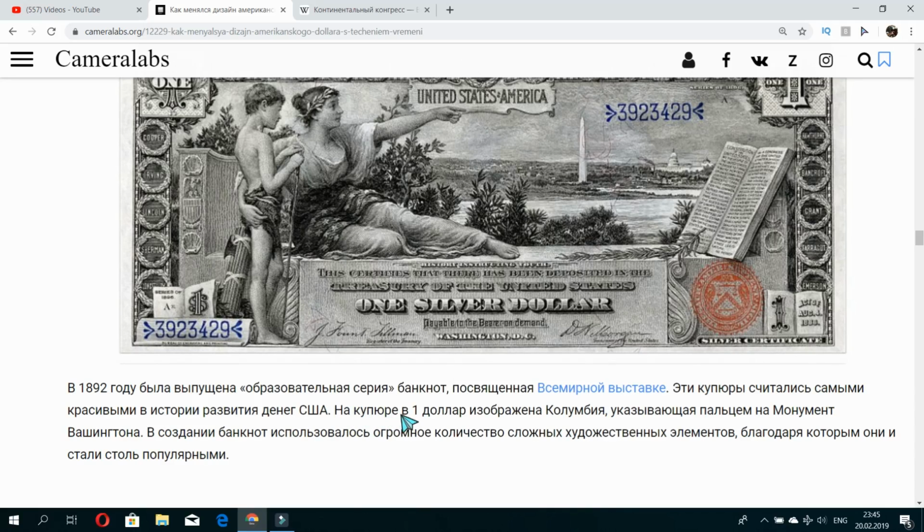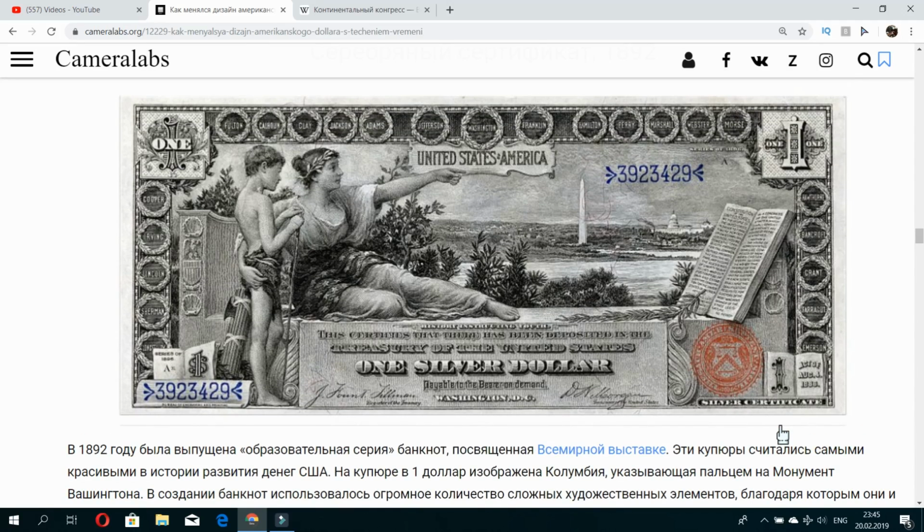And on the banknote of $1 there is Columbia that points on the monument of Washington. In the creation of banknotes, there demand a lot of complex art elements, and with those they became so popular.